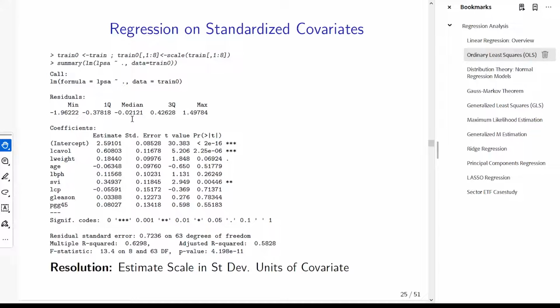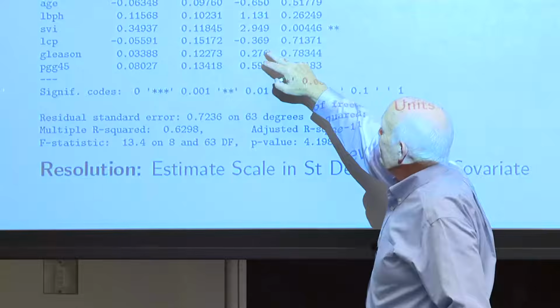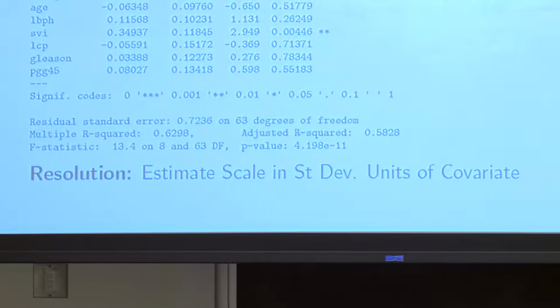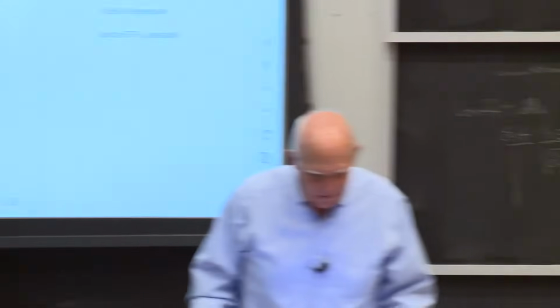All right. When we fit the scaled independent variables model, notice that the t-values and the p-values for these two regressions are identical.